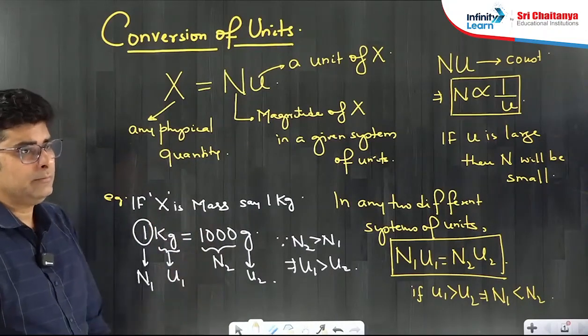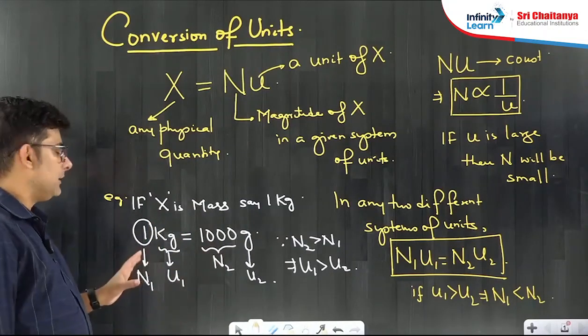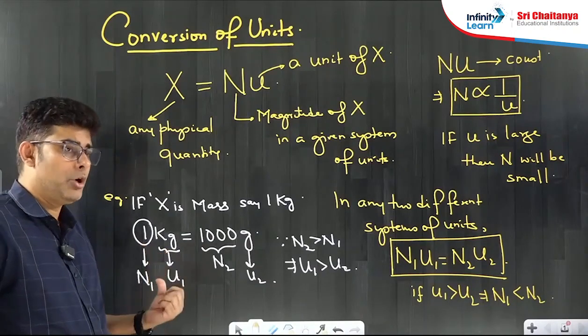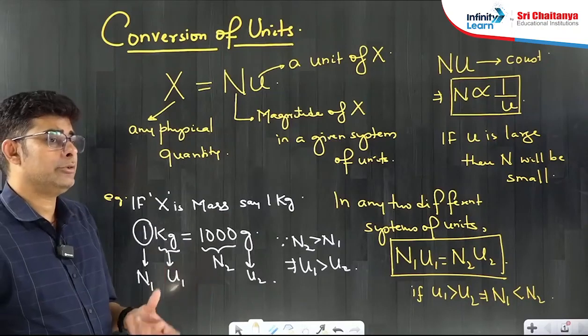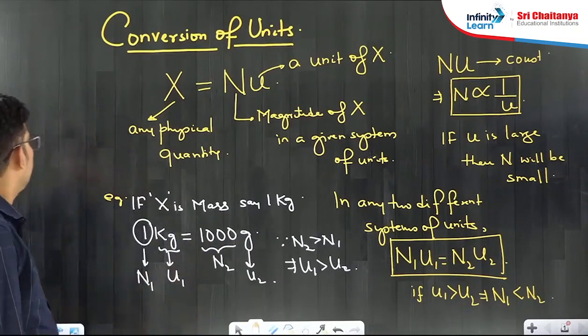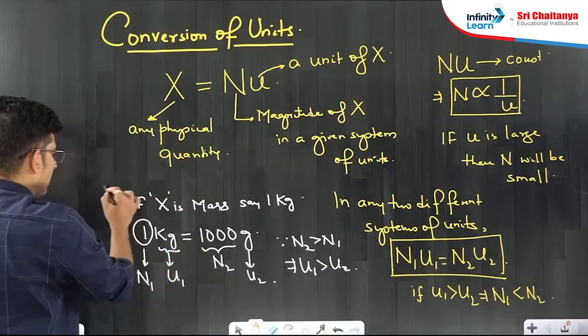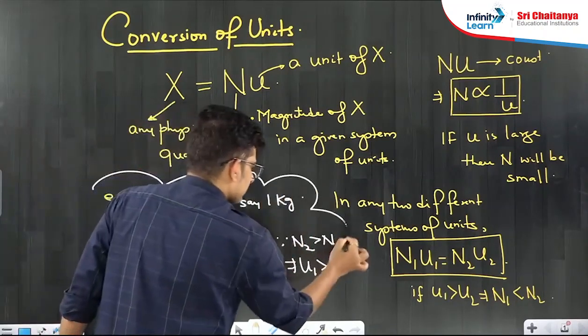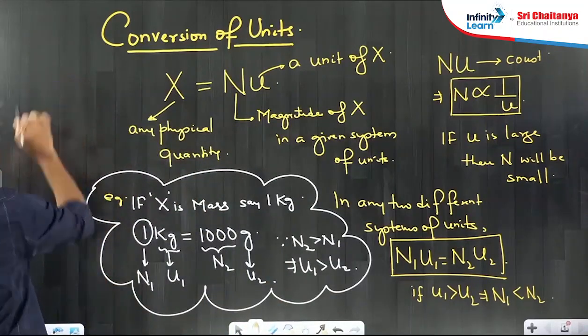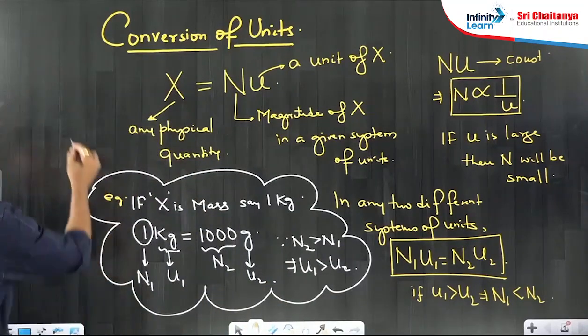Is it clear to everyone? Whichever has a larger magnitude will be smaller, and whichever has smaller magnitude will be larger.